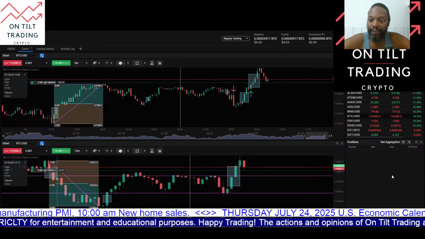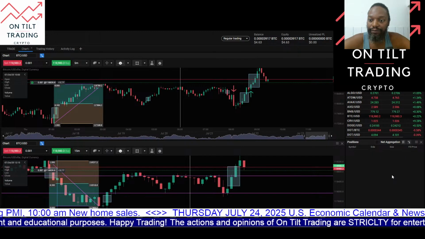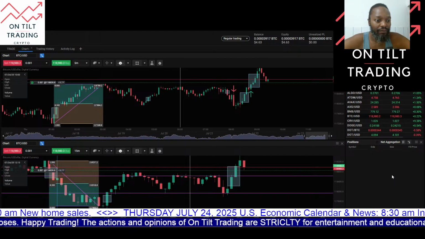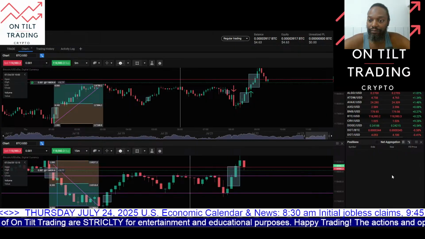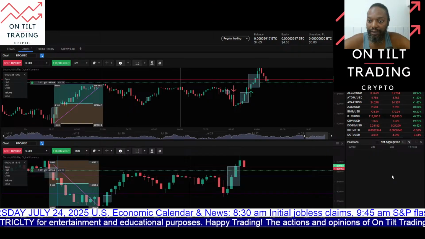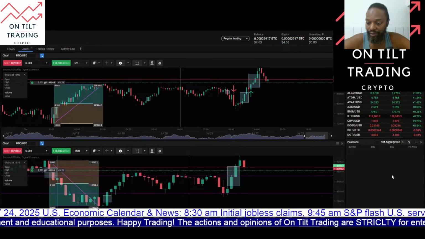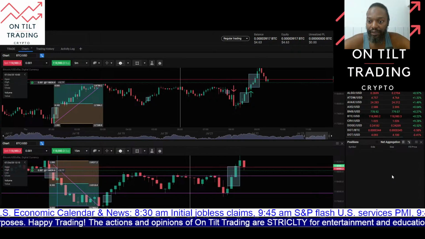Price consolidating here, 118,980, the current level. So price is getting some distance from my limit order currently. Less than 1 minute remaining in this current candle.